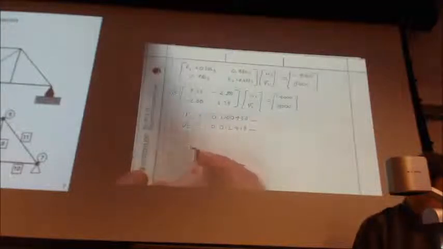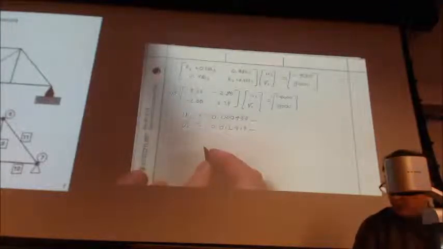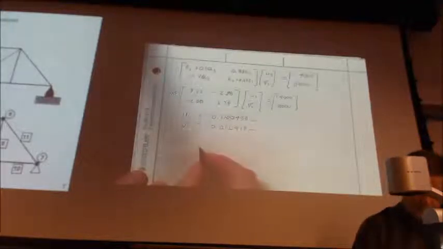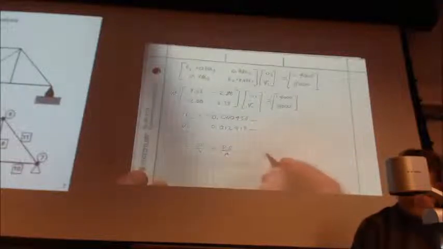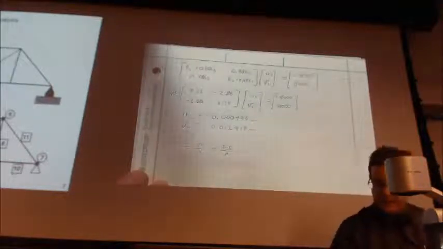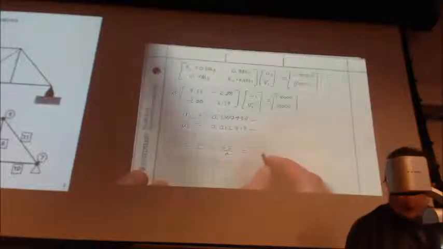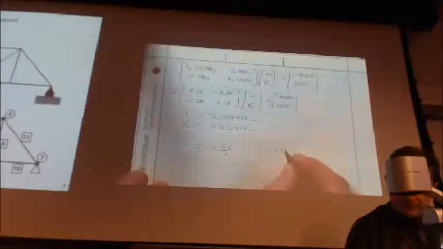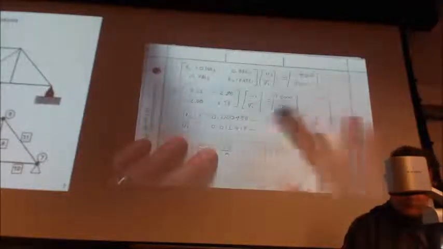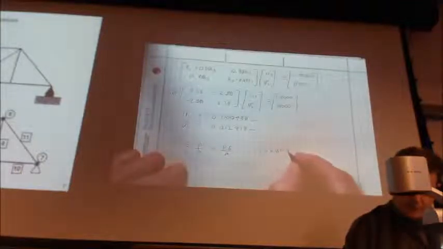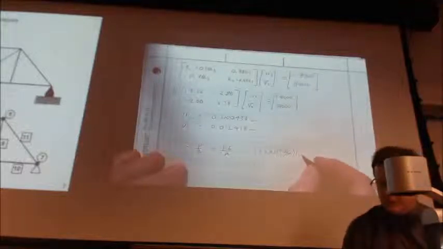Stress in element 1: we know stress is P over A, but we're defining P as K delta. This was 7.5 times 10 to the 5th pound inches, and this is the stress.